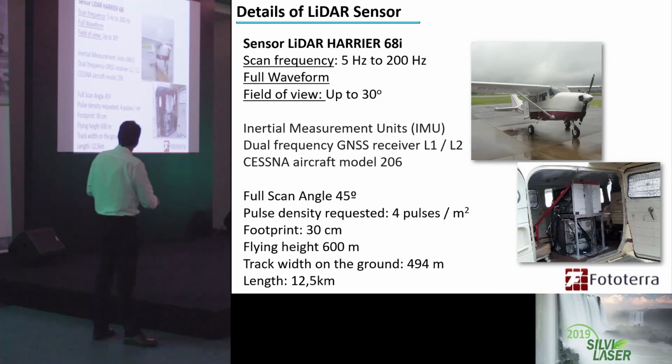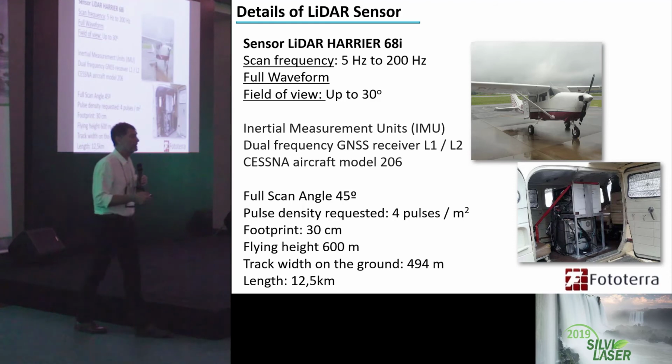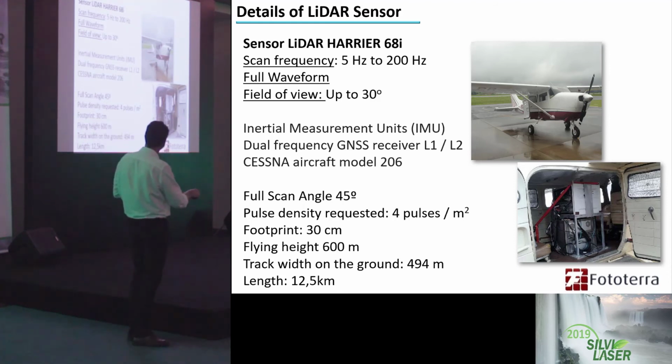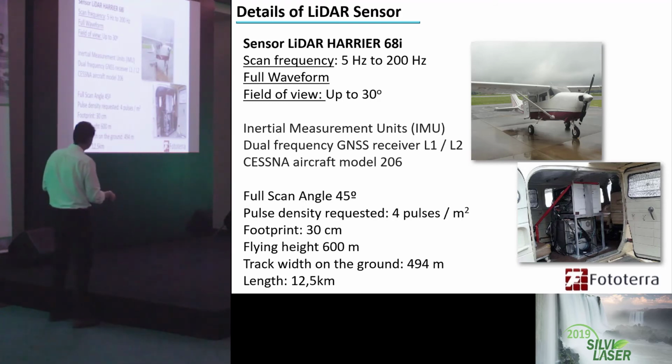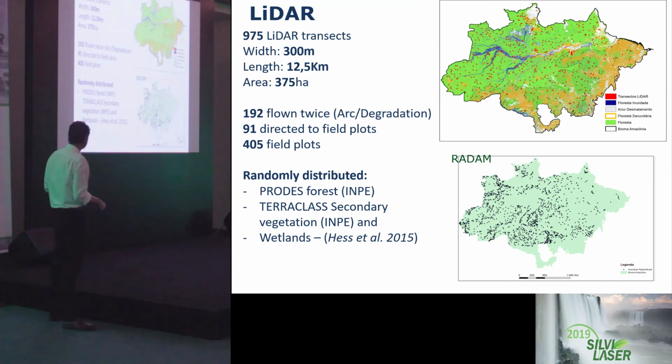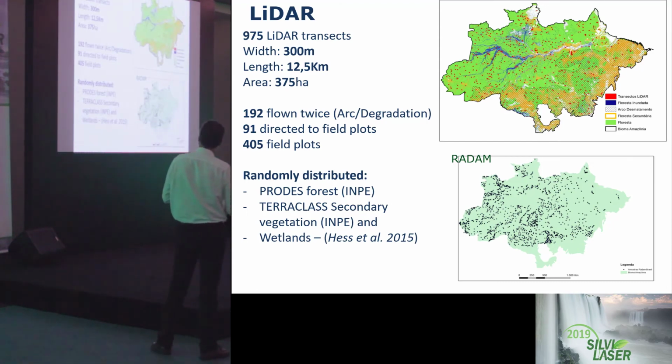We had almost 1,000 of these transects, from 300 meters to 12 kilometers. Sometimes we got a little more than 4 pulses per square meter, sometimes 8, but 4 pulses was basically what was required. So it's a very, very dense amount of information.